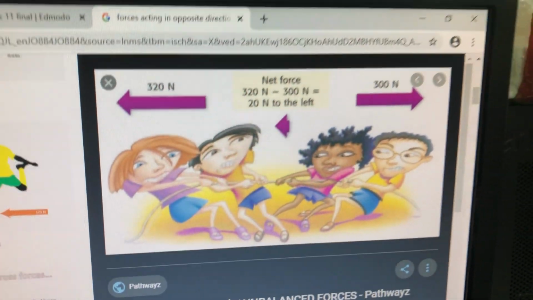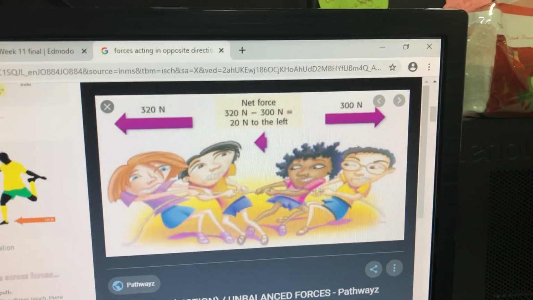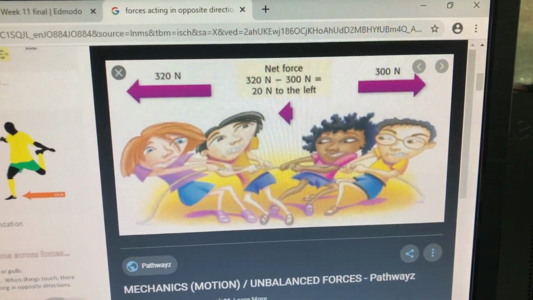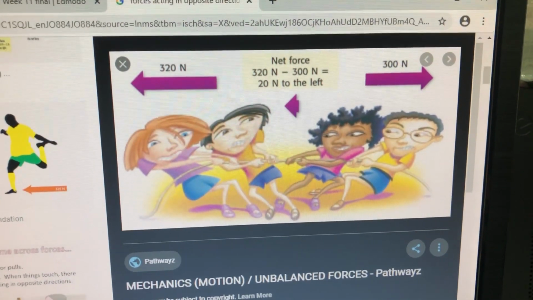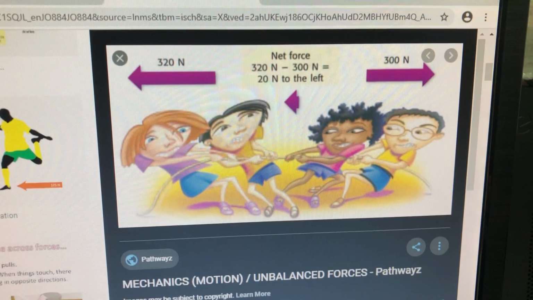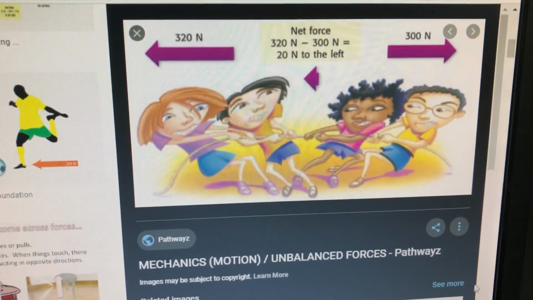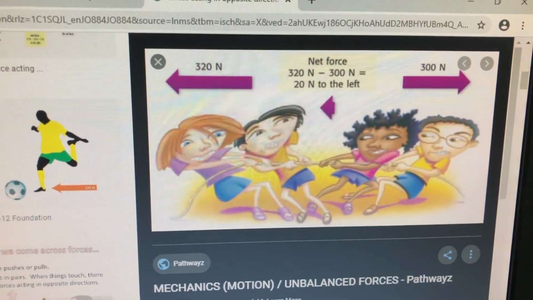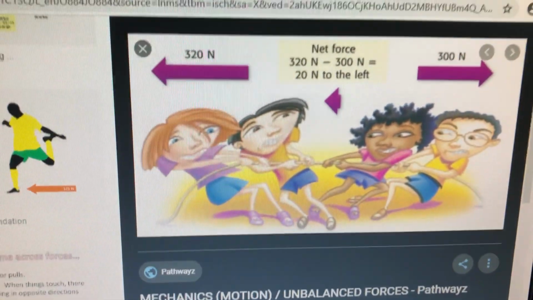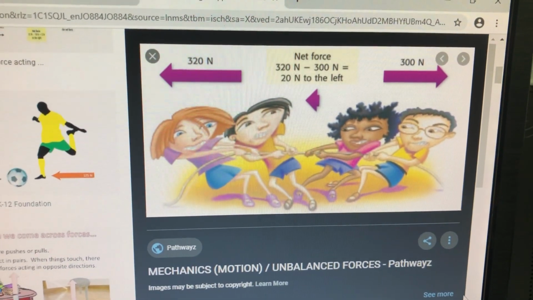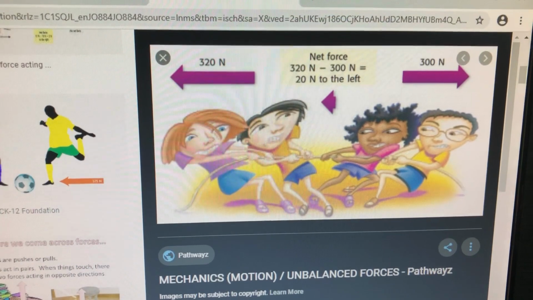And we said the more force is going to the left, so we say 20 Newton going to the left. However, grade 6, if the force was more on the right, we would say 20 Newton to the right. But actually, it's the more force on the left, so that's why we said 20 Newtons to the left.